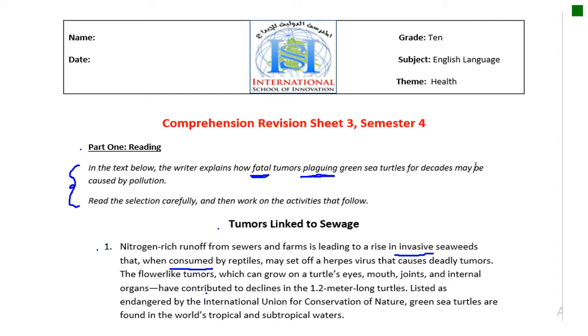So as we see here, those tumors are causing death among the 1.2 meter long turtles. Listed as endangered, okay, in danger of becoming extinct, by the International Union for Conservation of Nature, green sea turtles are found in the world's tropical and subtropical waters.